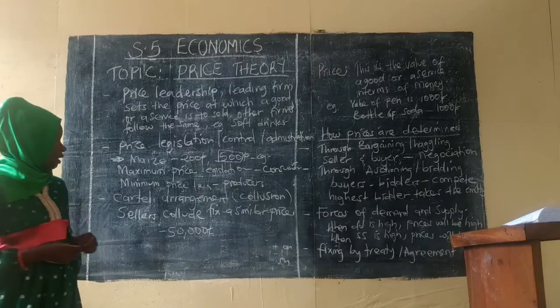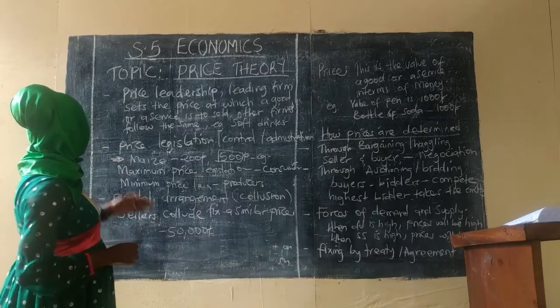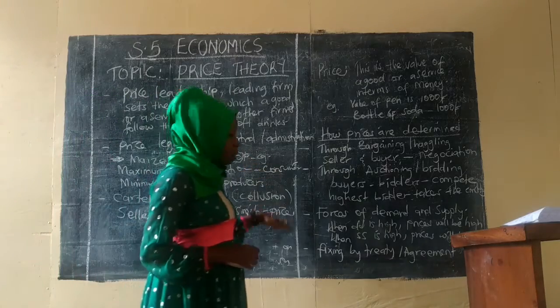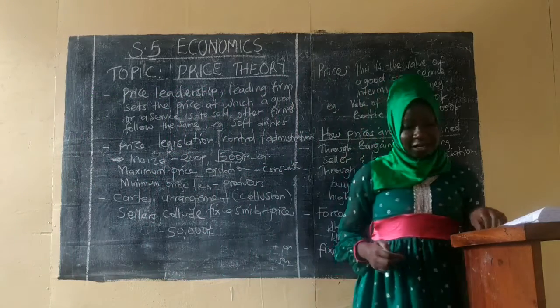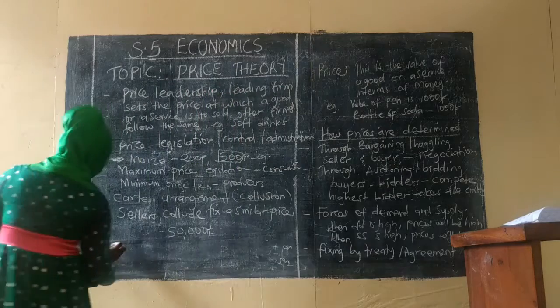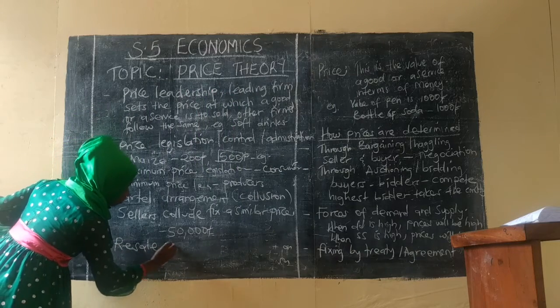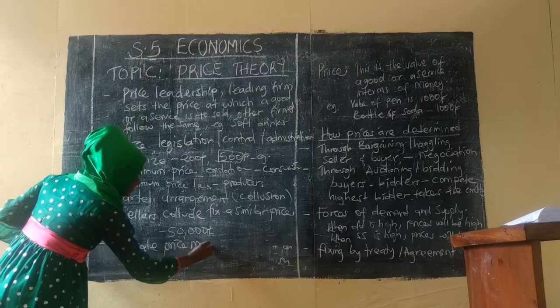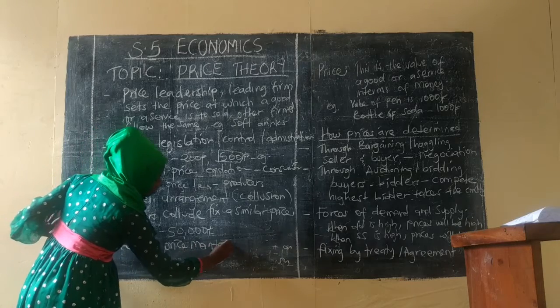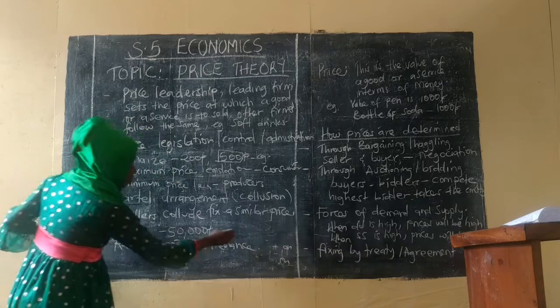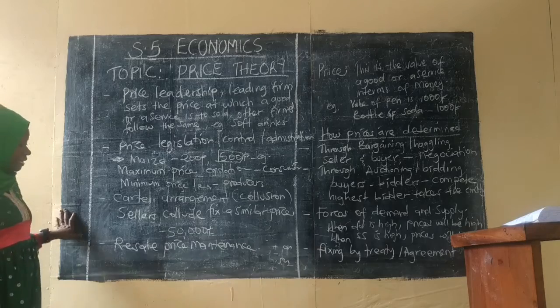So this cartel is intended to agree on how much they have to sell their product. My other type, which is actually the last, we can call it resale price maintenance. Resale price maintenance.